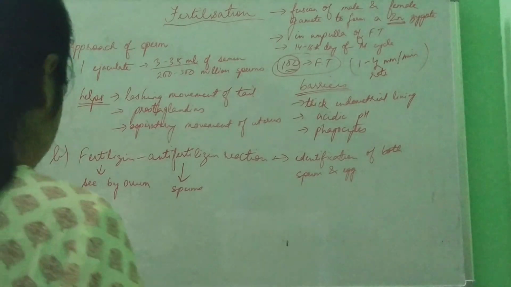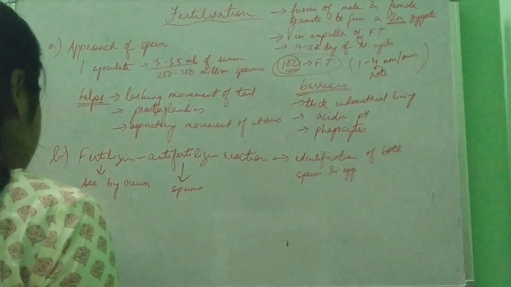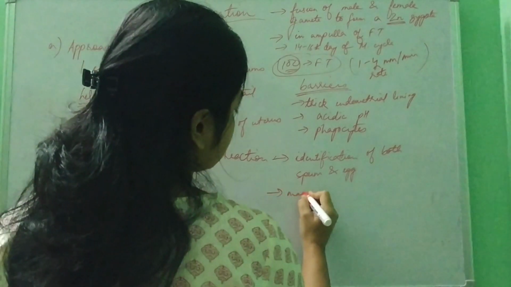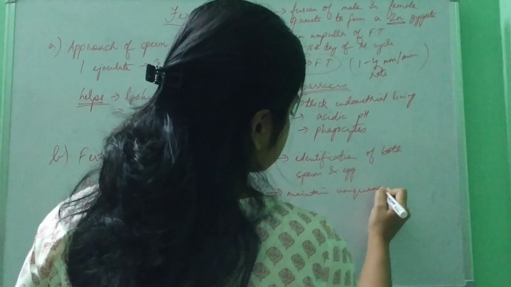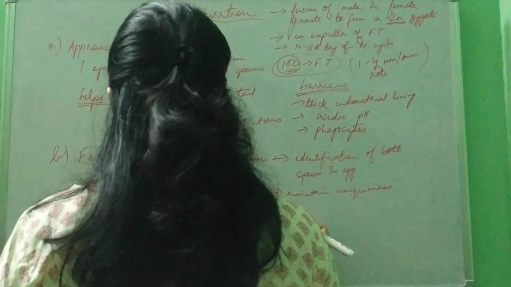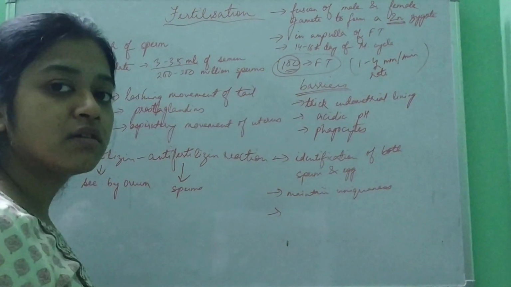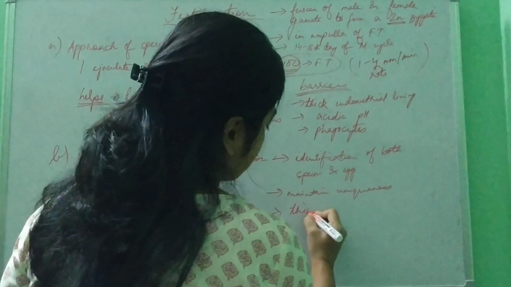Now, why is this identification required? Firstly, to maintain the uniqueness of the species. Secondly, we don't need so many sperms. Ultimately, we need one sperm, so in order to thin out the number of sperms.